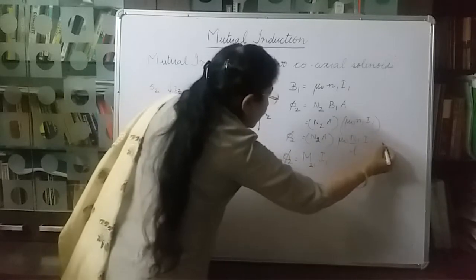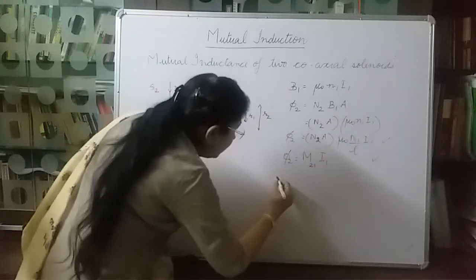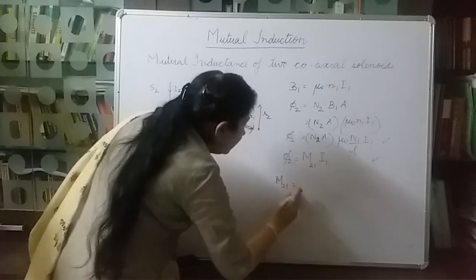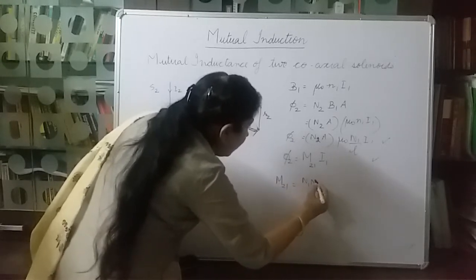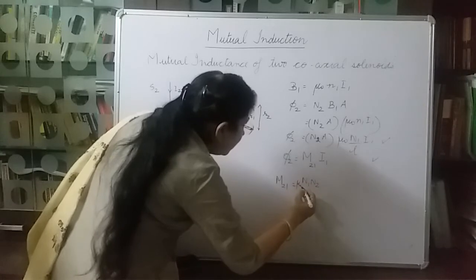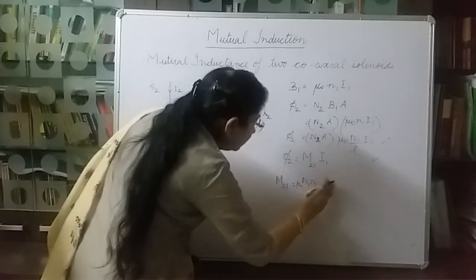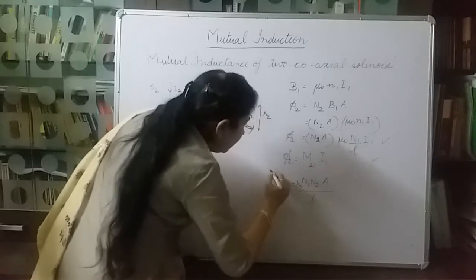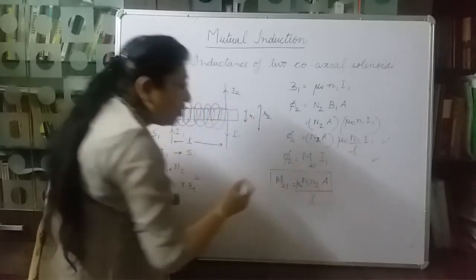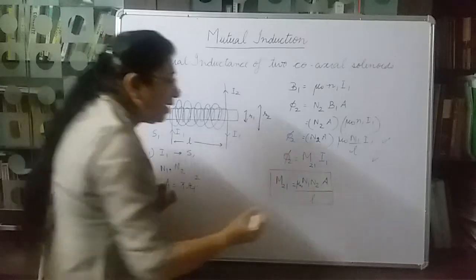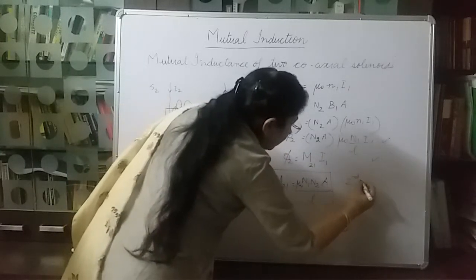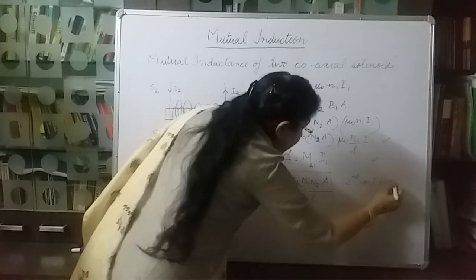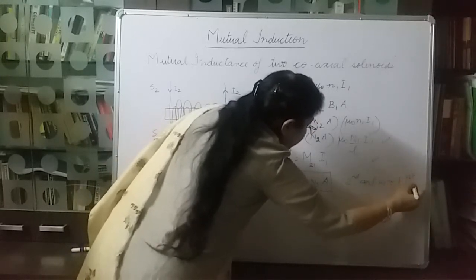Comparing these two relations, we can write M21 equals mu naught N1 N2 A upon L. This is the mutual inductance of the second coil with respect to the first coil.